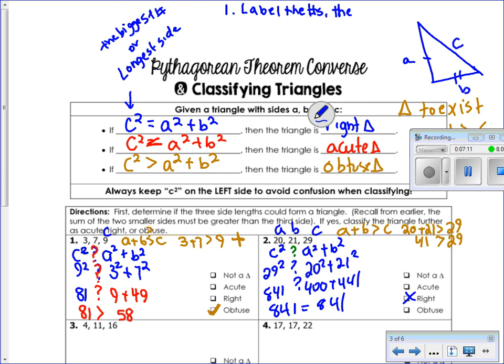The biggest is always C. Number 2, see if the numbers make a triangle.